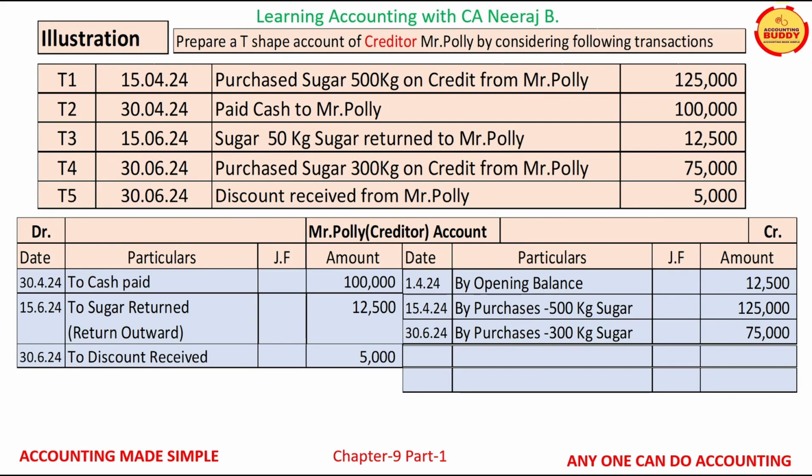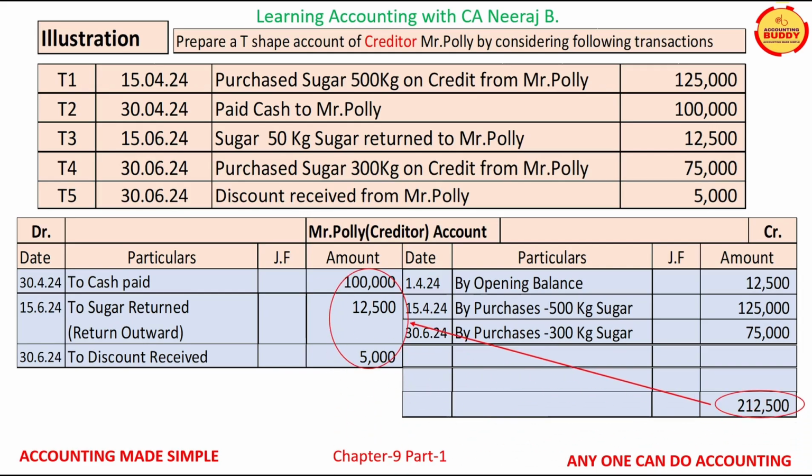Now, in this creditor account illustration, the credit side of the account is greater than the debit side. The total of credit side of the account comes to 212,500. When the total of the debit side transactions is deducted from the credit side total of 212,500, we will get the balance carried down 95,000 as on 30th June 24.